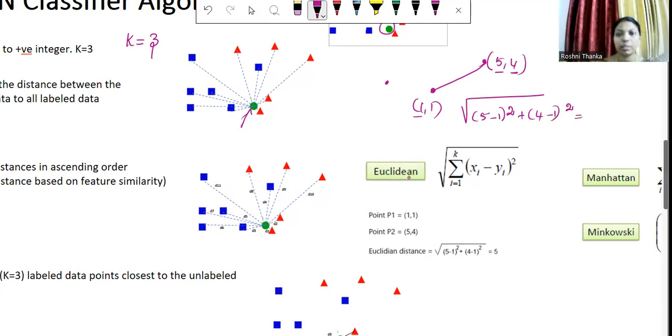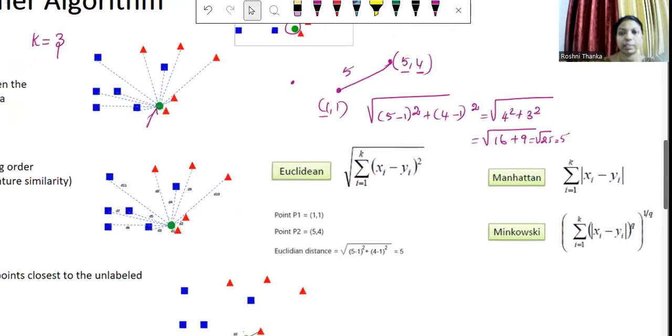So if you do it, you will get 5 minus 1 is 4, square, plus 3 square, which is equal to square root of 16 plus 9, which is equal to square root of 25, and it is equal to 5. So now the distance between these 2 points is 5. This is how we will be calculating the distance between 2 points using Euclidean distance.